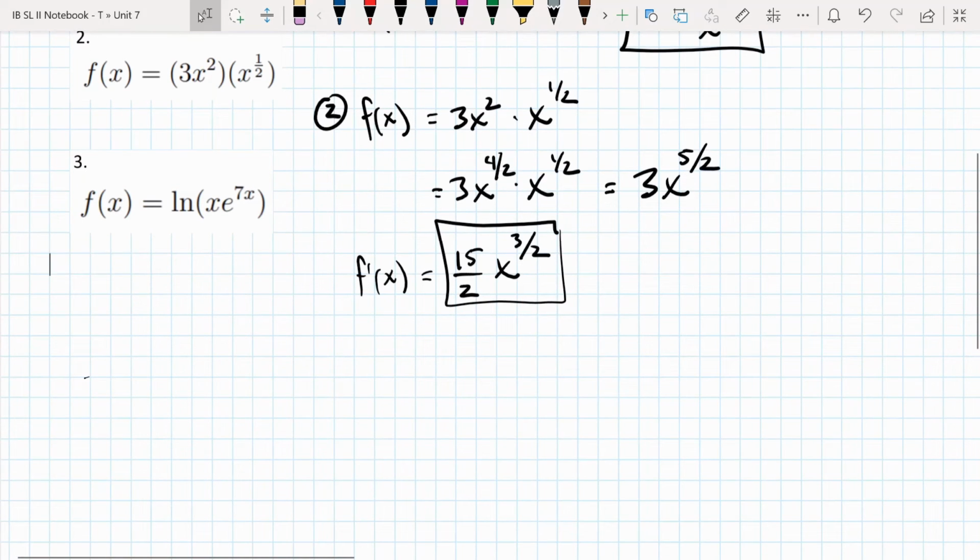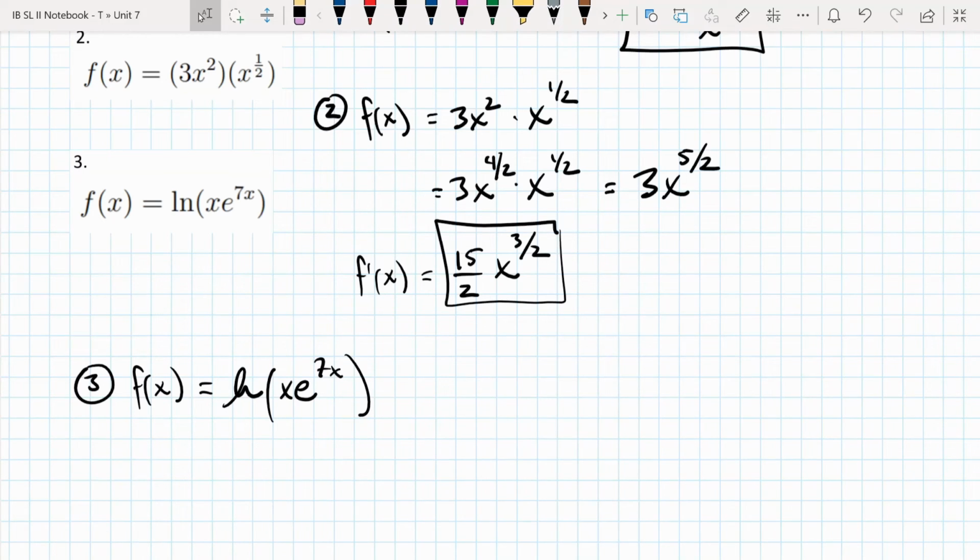And then lastly, number 3, for our practice problem set. Again, there's a few different ways you can approach this. Let me go through the two different methods that you can do. So I think the hard way to do this one is to use the derivative of the natural log plus the chain rule plus the product rule.